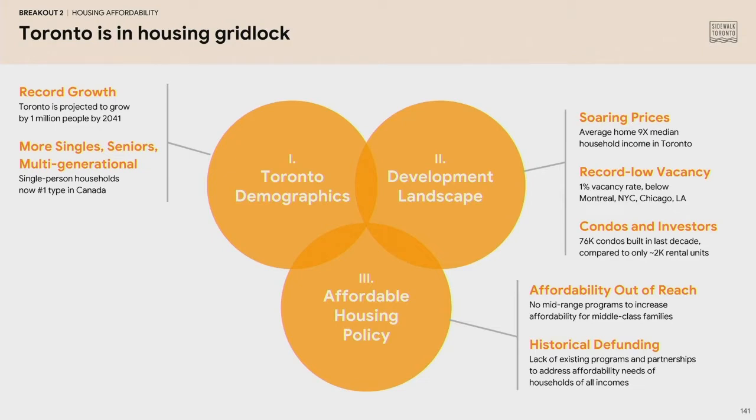And then, of course, the condo versus rental factor that has been at play over the last couple of decades in the Toronto market. Over the last 10 years, there have been more cranes. There are today more cranes in Toronto than there are in Chicago, New York, and LA combined. There's a ton of construction happening, but over the last 10 years, 76,000 condo units have been built, while approximately only 2,300 rentals.